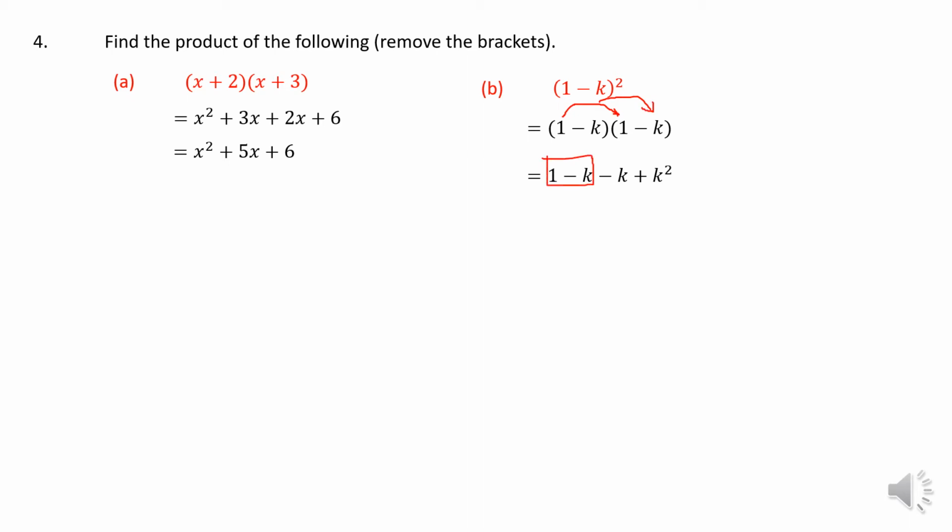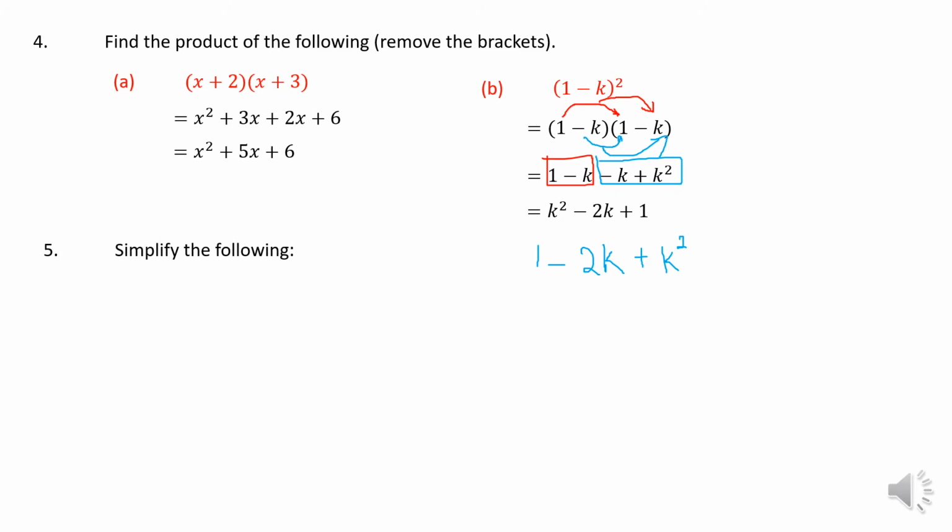And then you take the second term, which is the negative k, you multiply it with that here, and then the negative k times the negative k, and that gives you this particular expression. So once you simplify it, you get k squared minus 2k plus 1. If someone was to write it like this, it will still be the same thing, okay? All right, still the same thing.